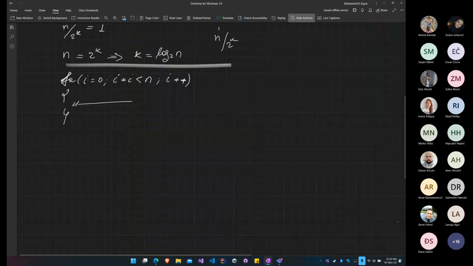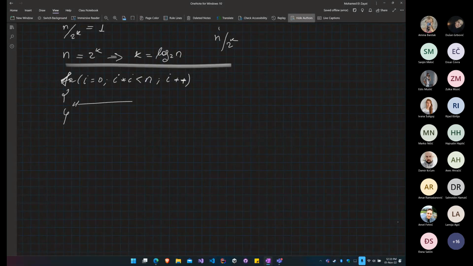Could somebody give me a guess? I was asking what would be the complexity of this thing. Did you hear the question before I got disconnected? Yes, we did hear the question.